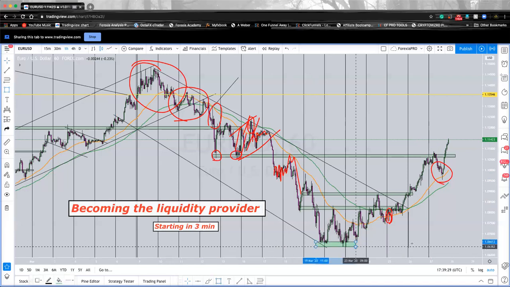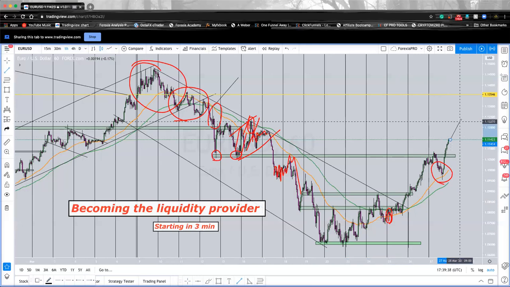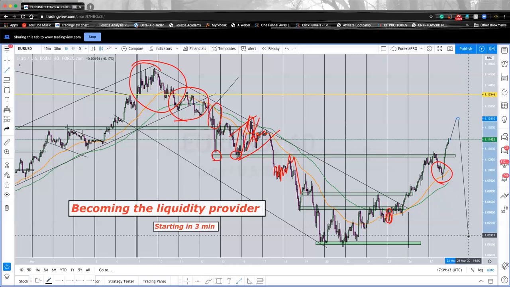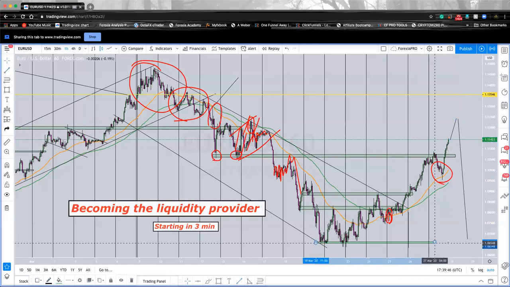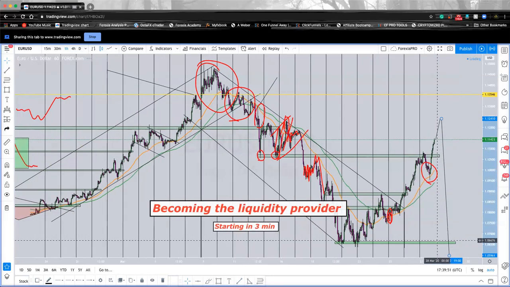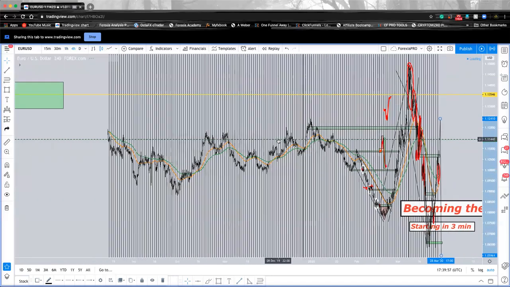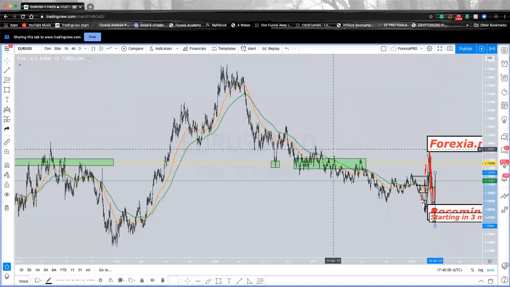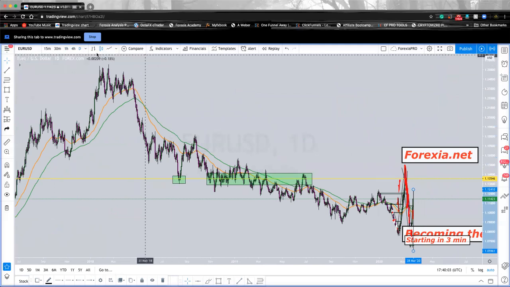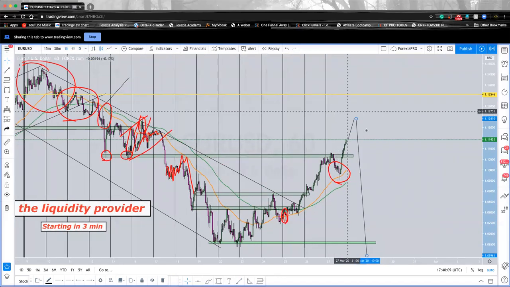But the fact that this becomes a support makes me think that this is also a fake induction, and at the beginning of the week we might see a little bit more to the upside to induce people and come right back down, trap, grab liquidity of people down here, which is actually in line with the overall trend happening in EURUSD. Let me go daily. You see, overall it's down. So if we find a buyer's trap, that's awesome to swing it.